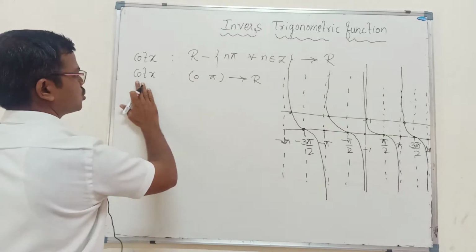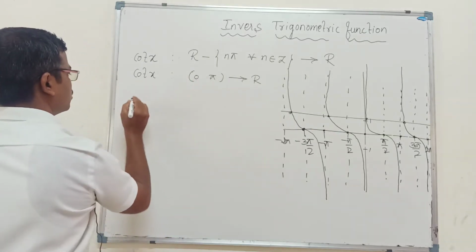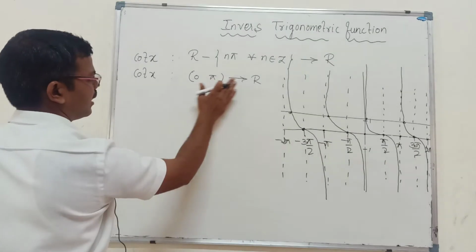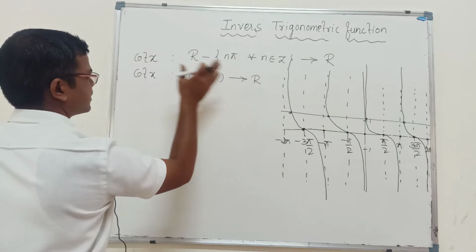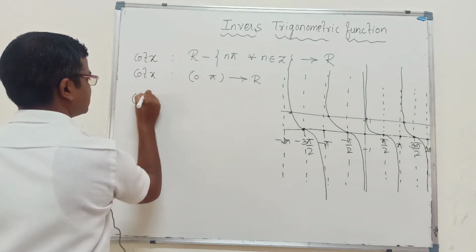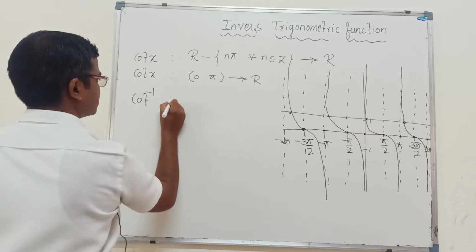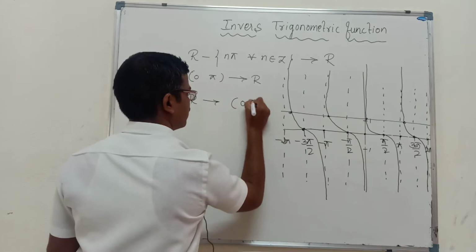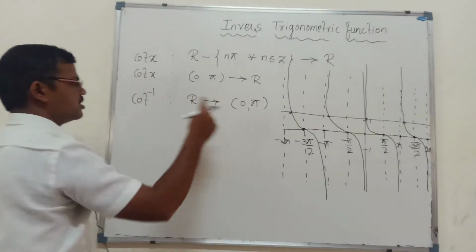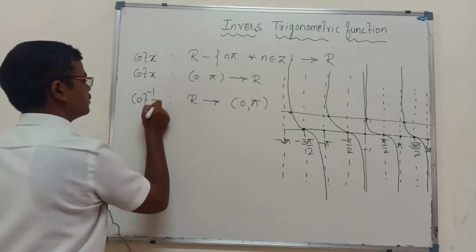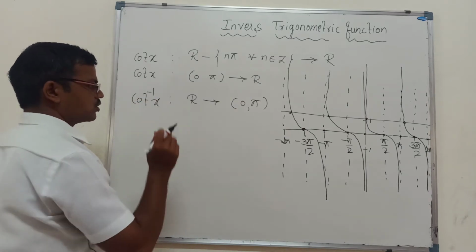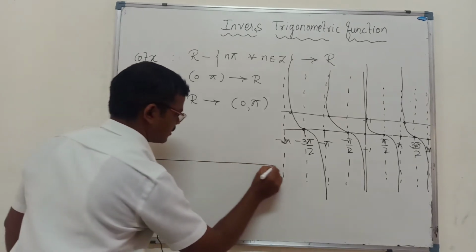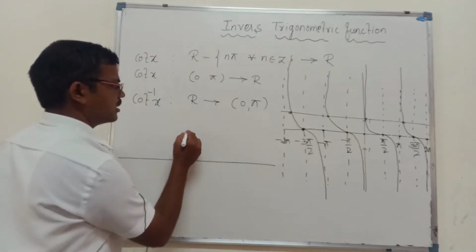Now our cot function is both one-one and onto, so it is invertible, and its inverse is defined like this: cot inverse is a function from R to 0 to pi, where 0 to pi is called the principal branch range of cot inverse x. Now let me see the graph of this cot inverse. The graph of that function is like this.